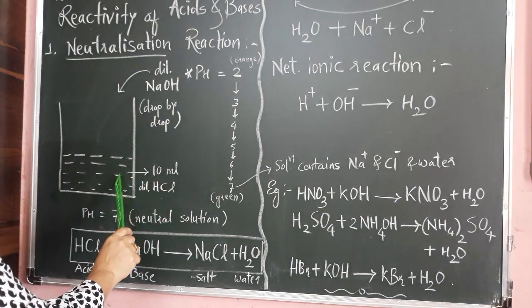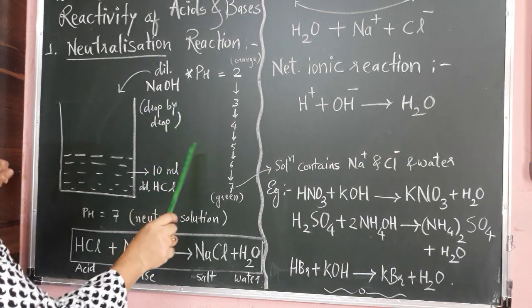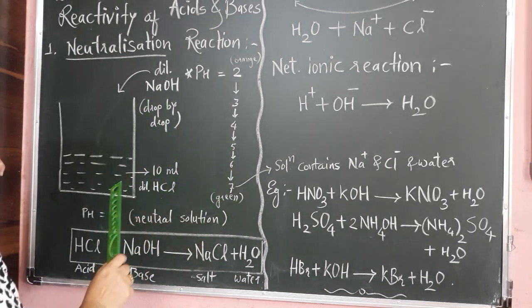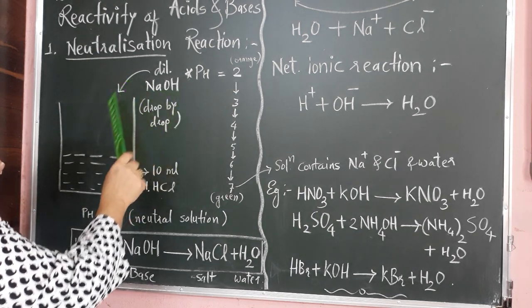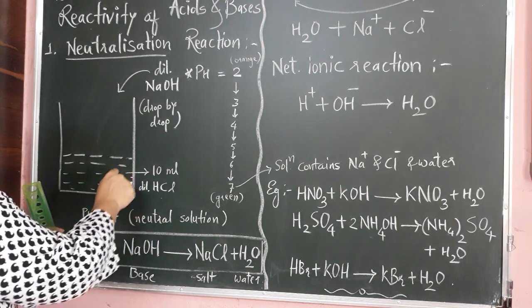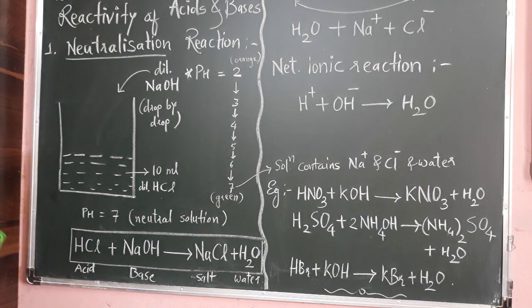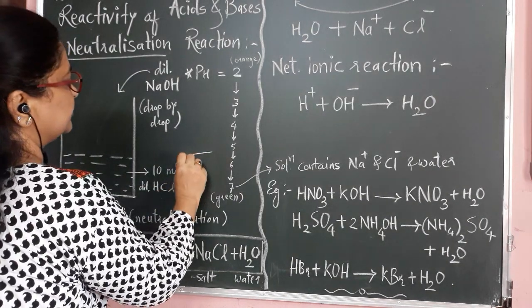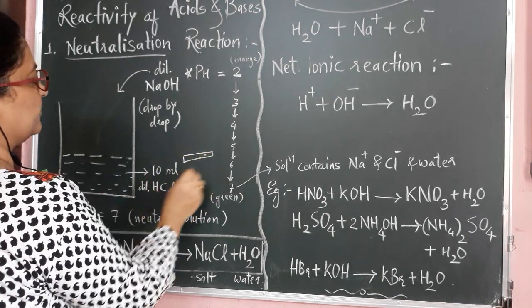Again we take a drop of this solution on pH paper and measure the pH, it will be 6. We continue to add sodium hydroxide drop by drop into this solution, stir it, then take a drop, put it on the pH paper and find out the pH.